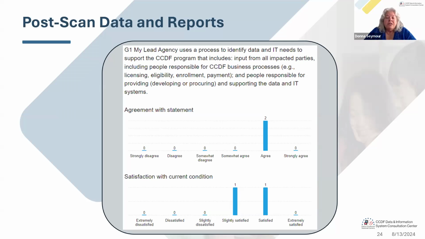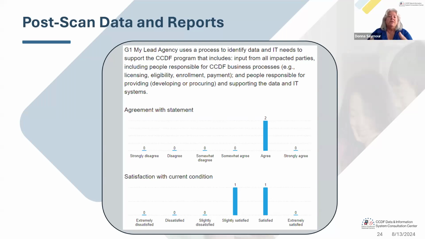We believe that sharing these types of benchmarks in relationship to each other can strengthen the cases that you may already be making about how to improve your data and IT systems and transform to support policy and program changes, and also results from the 2024 CCDF final rule.